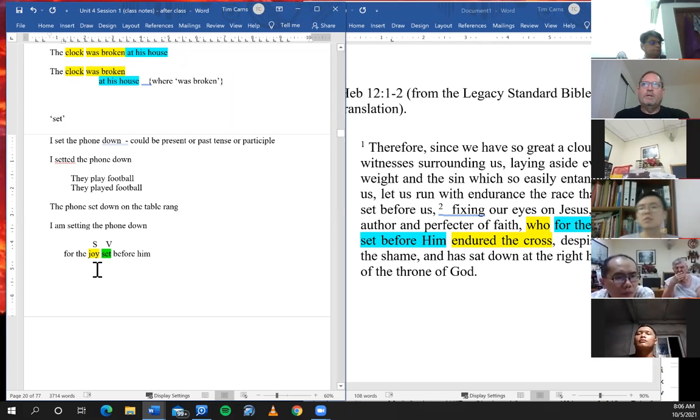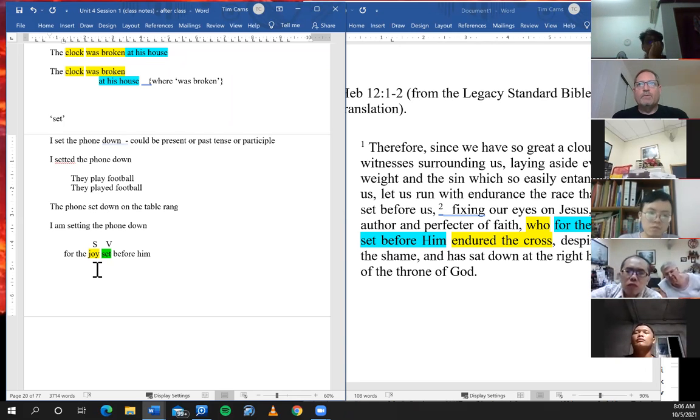Again, I know this is complicated, and this is why I encourage you to be practicing this diagramming, because the more you do it, the more you're going to spot these things. And right now, if you don't do it very much, this is overwhelming. There's all these things I got to remember. But it's like learning a new language.